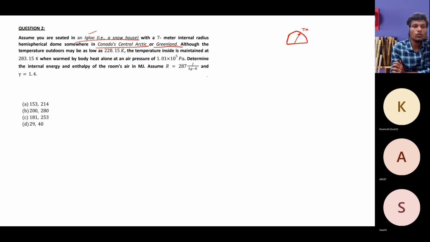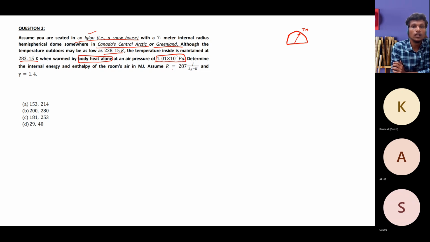Although outdoor temperatures are around 228.15 Kelvin, the inside temperature is maintained at 283.15 Kelvin by body heat alone. There is no other heat source. The inside pressure is also 1.01 times 10 to the power 5 pascals.